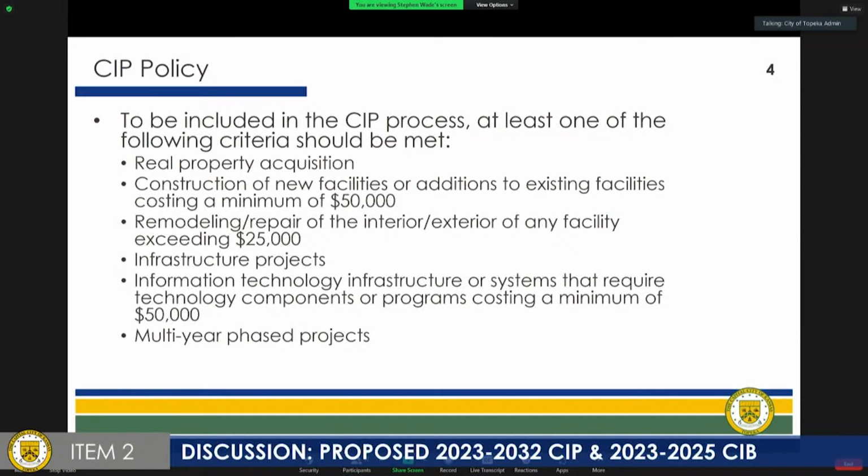It must be real property acquisition, construction of new facilities or additions to existing facilities costing a minimum of $50,000, remodeling, repair of interior or exterior of any facility exceeding $25,000, infrastructure projects and IT systems that cost a minimum of $50,000, and finally, any multi-year phased project.